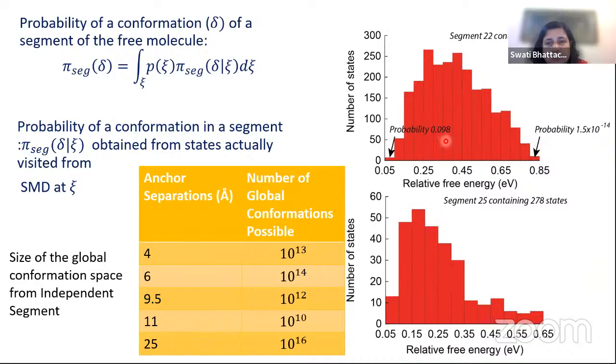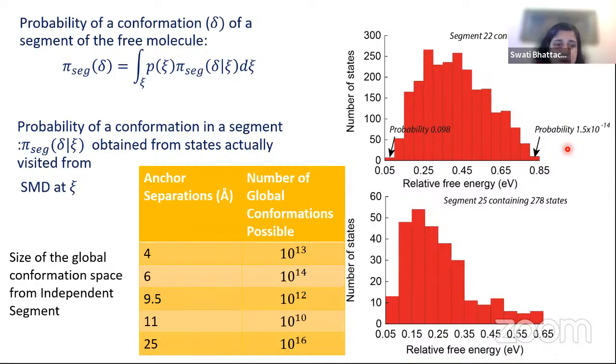In the first case, it was 0.098. In the second case, 10 raised to the power minus 14. So 13 orders of magnitude difference in the probabilities. Now, we can of course say that the least probable states have very, very big uncertainty. If you carry out plain MD, you'll never be able to see those states, and how can you trust that number? But the point is, now we can predict and actually give some estimate of the probabilities.